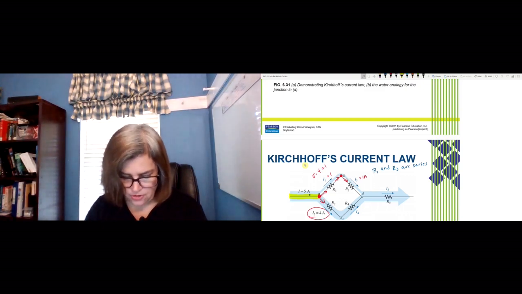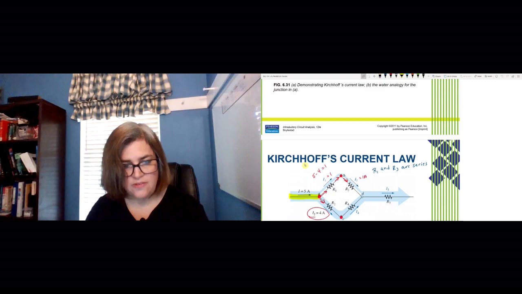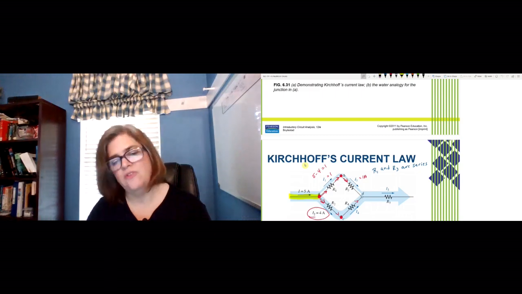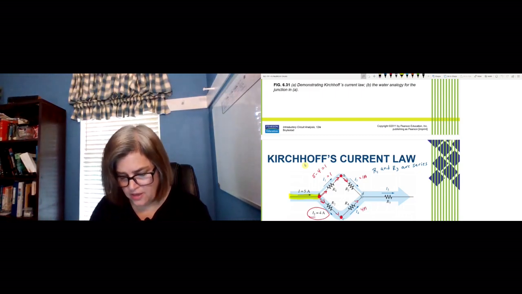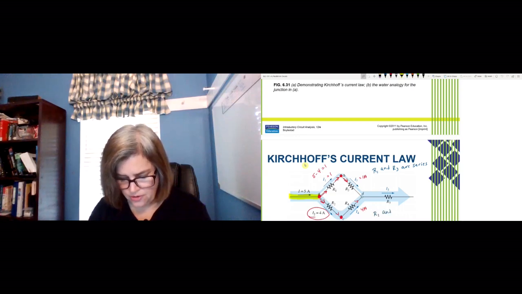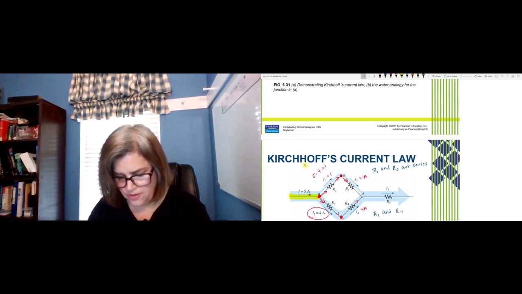And what about the current through this portion C down here? We've got 4 amps coming in this way, so we'd have to have 4 amps leaving. There's only one path for that to take. So actually R2 and R4 are also in series.